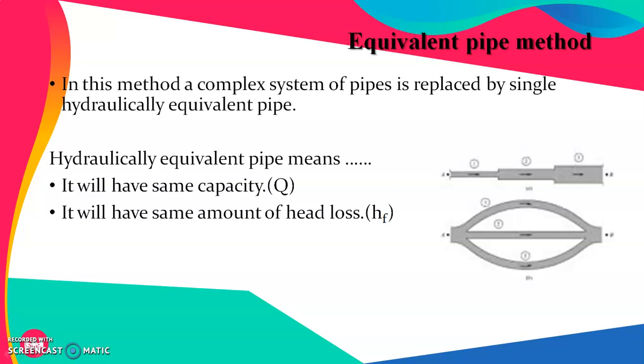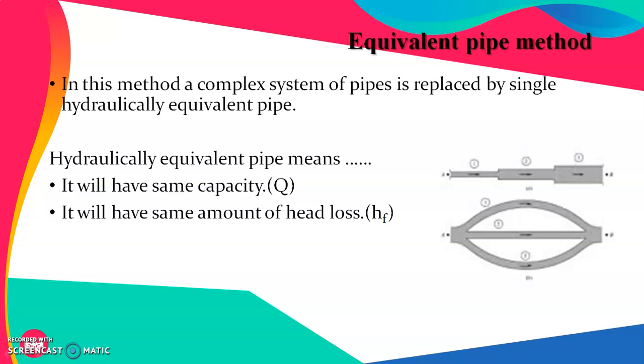Once again, I am explaining the equivalent pipe method. It is a system in which a set of pipes has been replaced by one single pipe. Generally what happens is that the pipe network consists of a very huge number of pipes, and it is very difficult to calculate the actual head loss that might be caused because of these pipes.